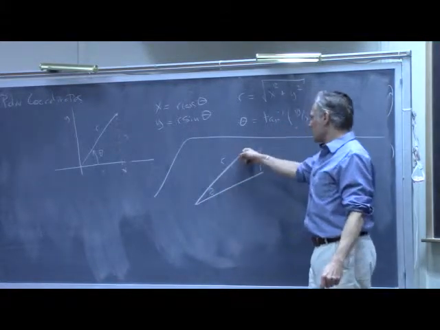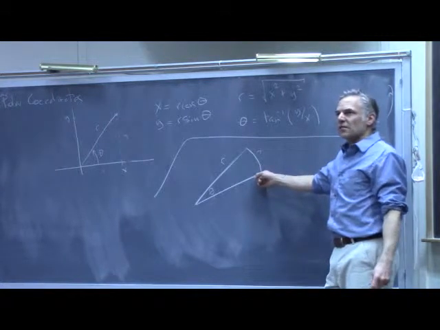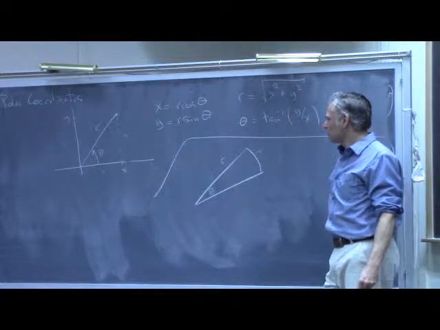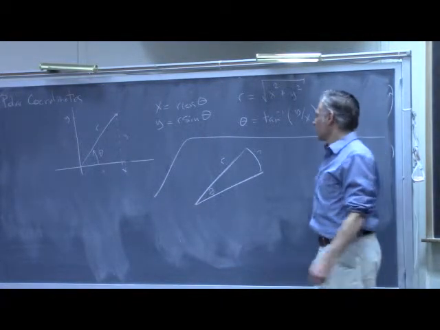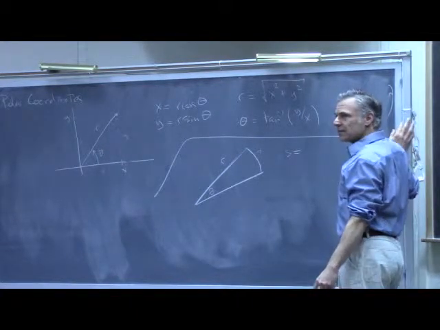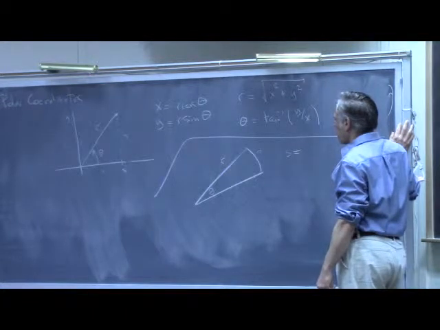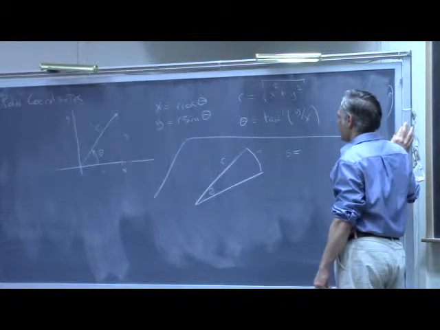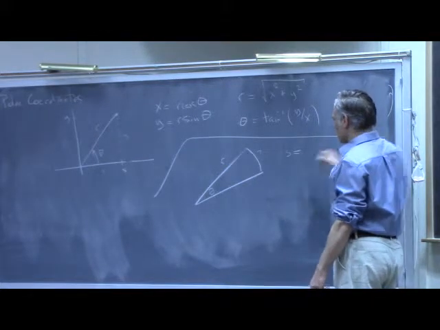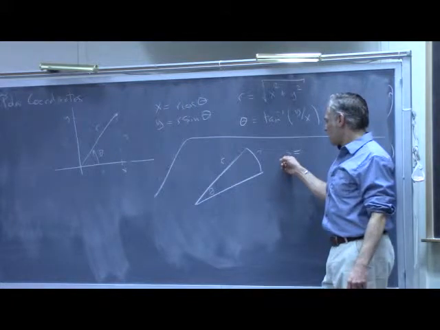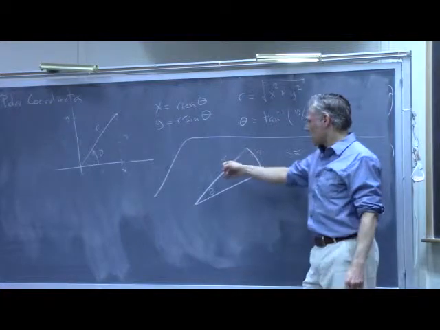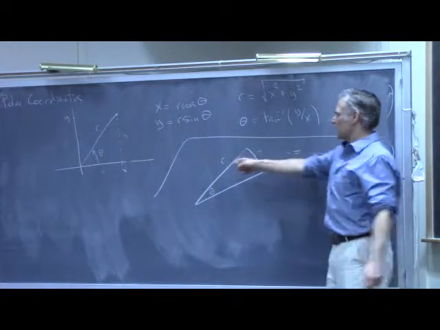If this is theta, this is r, what's this curvy arc length? Usually S. So S is going to have units of length, right? So I shouldn't divide by r because then the units would be wrong.